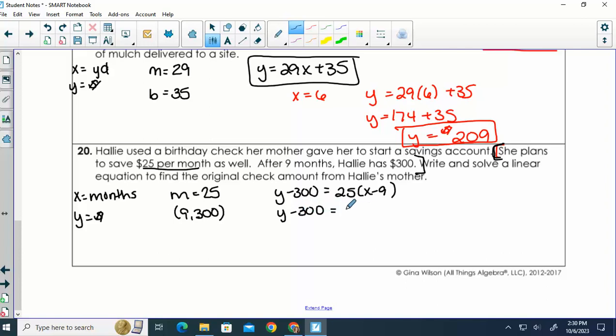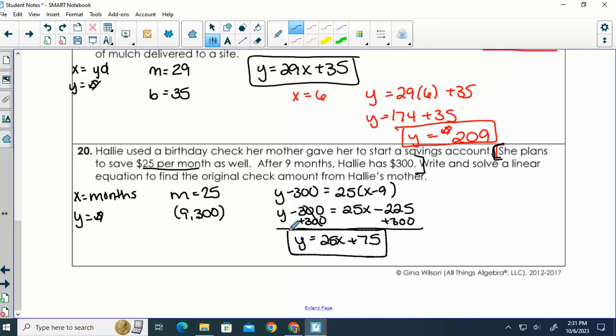So if we distribute the 25, we get 25x minus 9 times 25. Add the 300. So y equals 25x plus 75. So we have an equation.